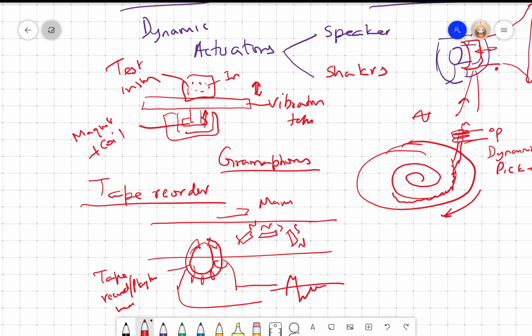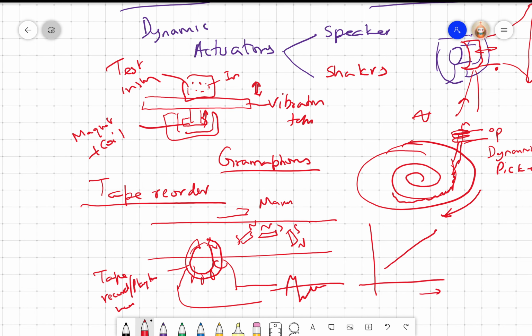Here again, because the principle of operation is electrodynamic type, you get a frequency characteristic: higher the frequency, better will be the response.